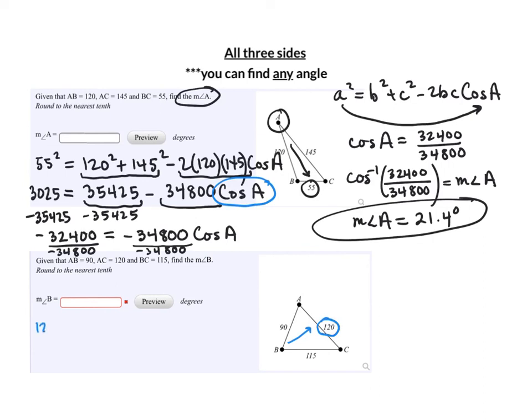So this is 120 squared equals 90 squared plus 115 squared minus 2 times 90 times 115 times the cosine of the angle opposite the 120, angle B, which is what we're looking for. So remember that the cosine of the angle and the side you start with have to be opposite of each other. So now we'll work all these numbers out.